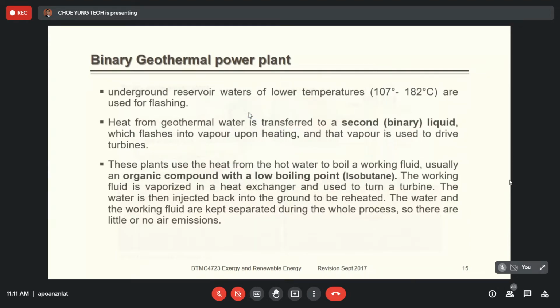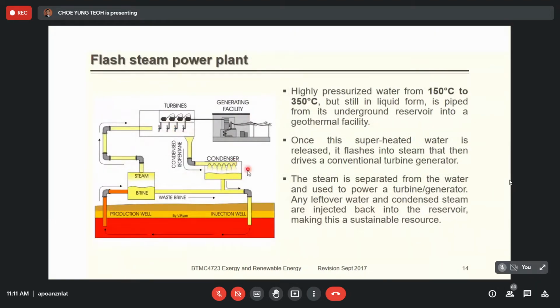You can see that we have a condenser over here to condense the water. So you condense the steam back into water. But what if some of the steam cannot be converted into water when you are doing the cooling, where you have this non-condensable gas?